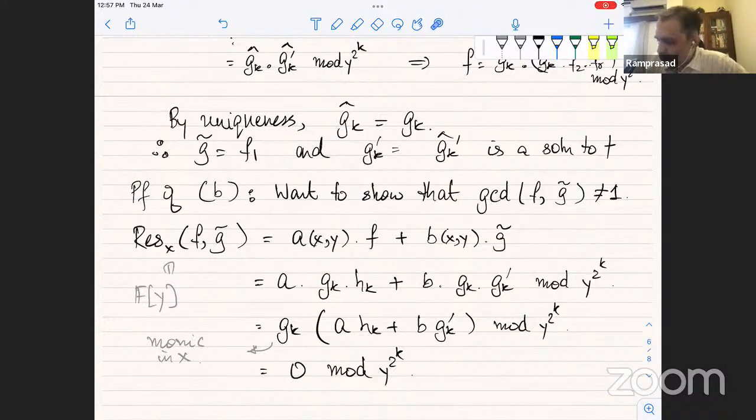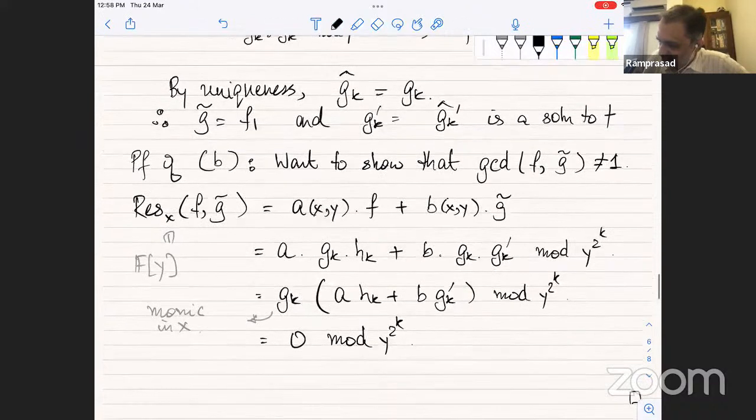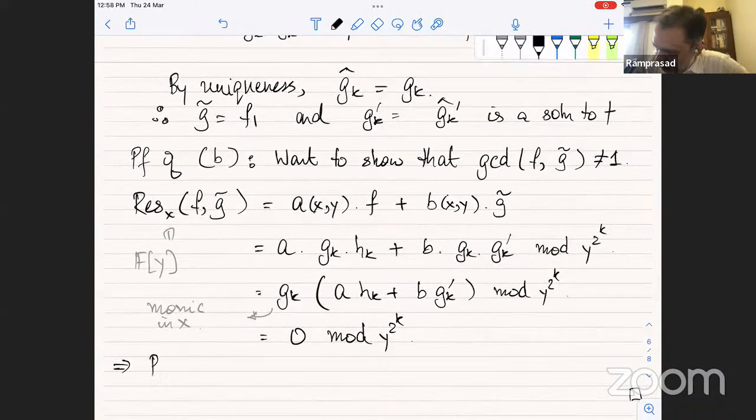What I want to show is that this is actually zero without the mod. So far, we have not used the fact that k is large enough. Until this point, everything we have said works for any k. So this means that the resultant with respect to X of f and g tilde is divisible by y^(2^k).